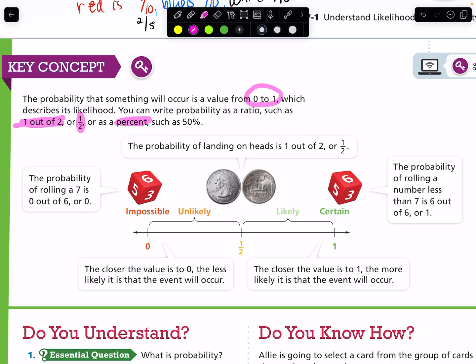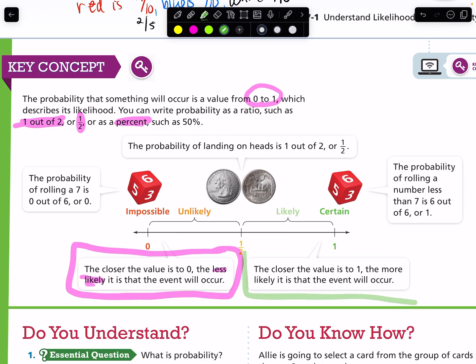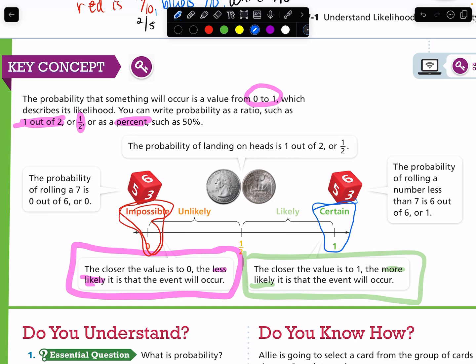And the closer the value is to 0, they're going to use the words less likely. And then the closer it is to 1, it is more likely. You should probably notice it says impossible goes with 0 and certain goes with 1, which is 100%. This one in the middle is equally likely, might be a word that they would use.